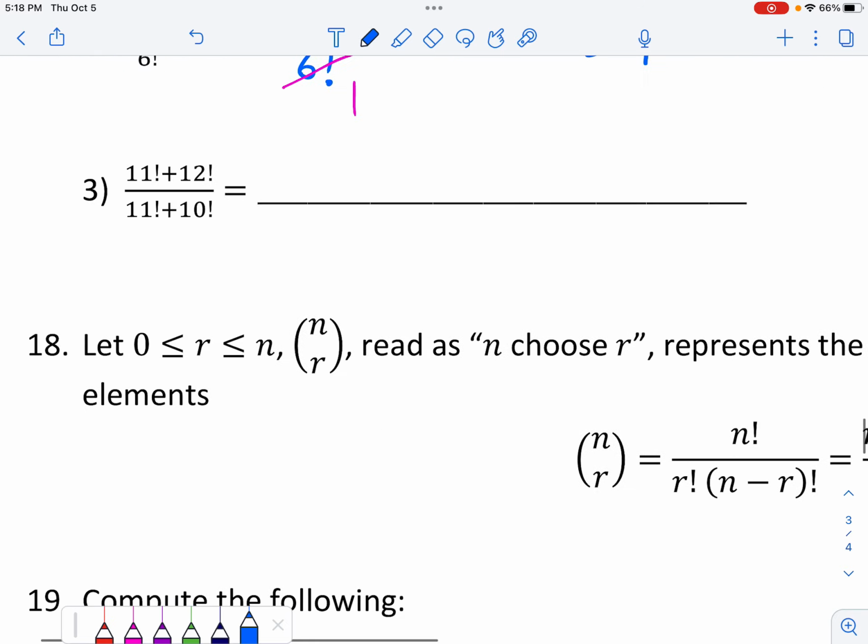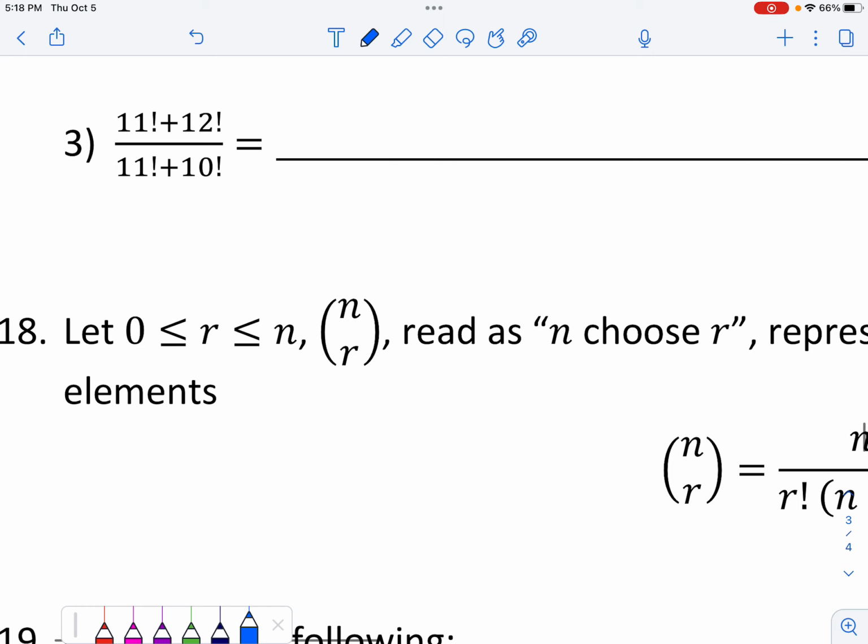Okay, now let's look at another one here. I certainly would not compute 11 factorial, which is a huge number. If you multiply 11 times 10 down to 1, it's a huge number. 12 factorial is even larger.